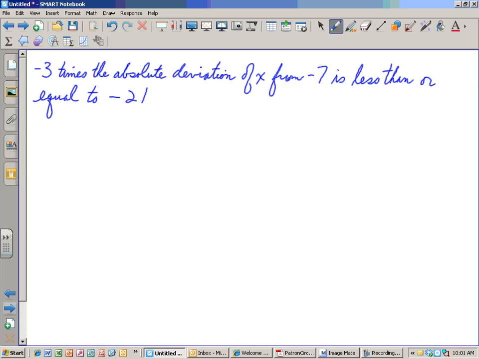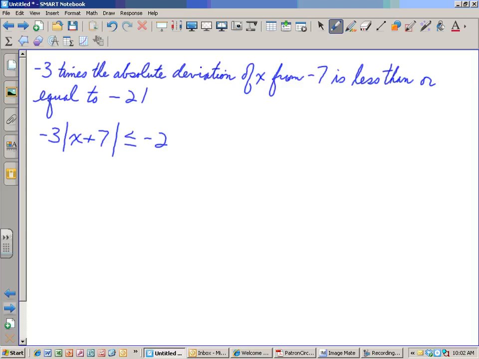First of all, is that possible? No. Well, let's see. Let's set it up first. Go ahead, Emily. I said -3, and then the absolute value line, and then x plus 7. Yeah, and then less than or equal to -21.